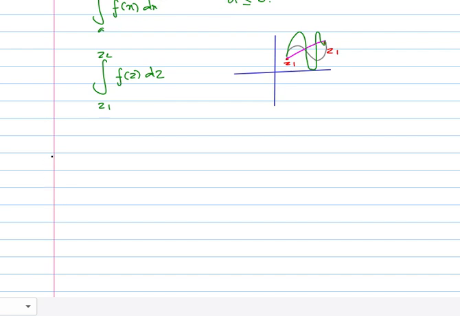Now I start with what is the complex integration. Definition first.